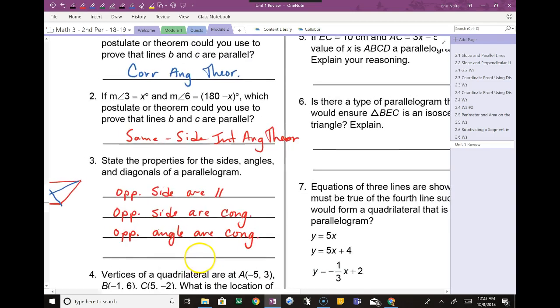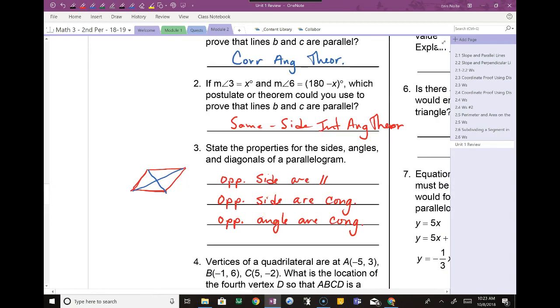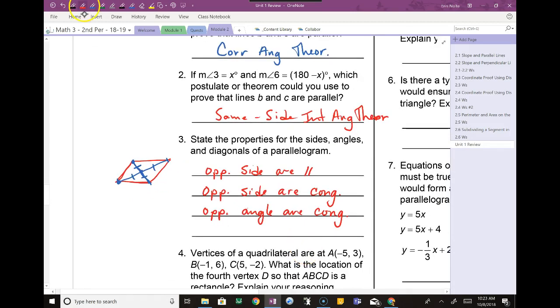Meaning that this length from here to here is the same length as from here to here, and on its opposite diagonal, this is going to bisect that one. So we can say diagonals bisect each other.